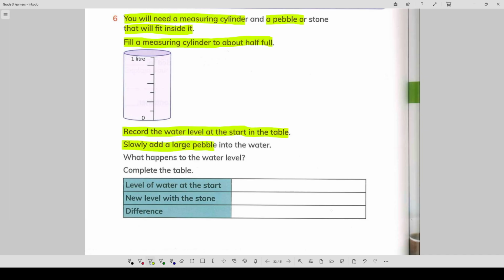Slowly add a large pebble into the water. What happens to the water level? Complete the table. Let's say in the beginning the water level was 500 ml, right? So we can say 500 ml.